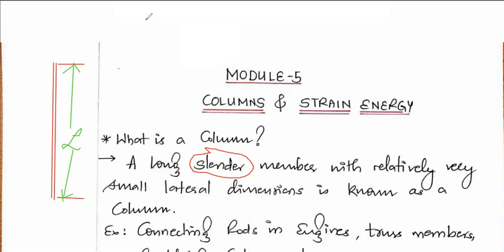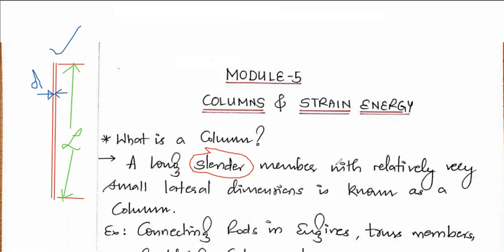So the diameter here will be, right. So this is the diameter. What you observe here is the length is relatively more when compared to the diameter, and such a case we call it as slender.